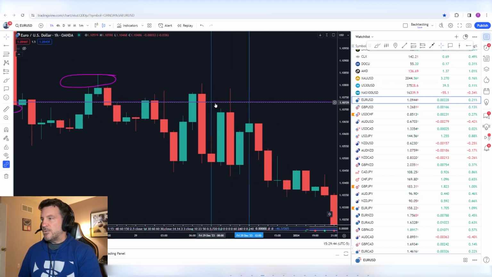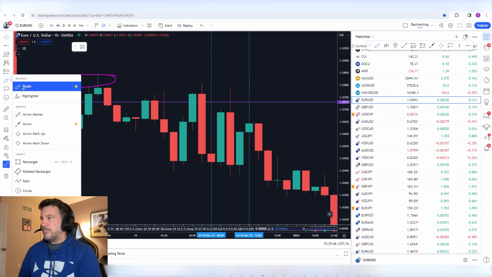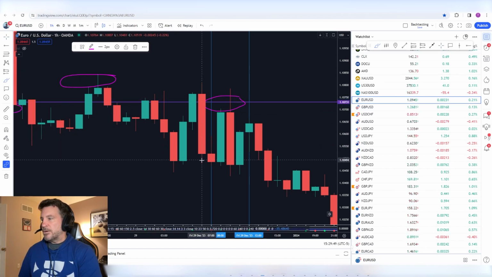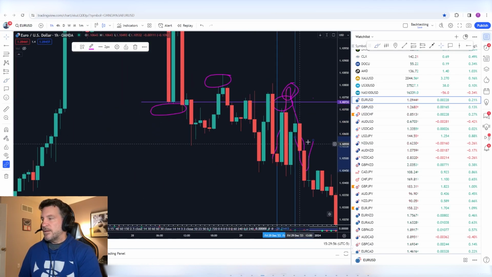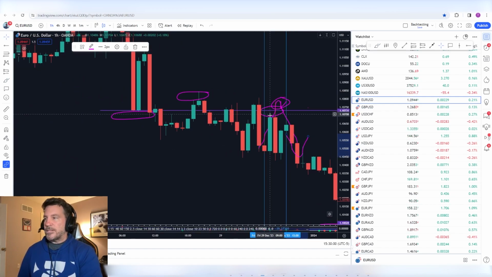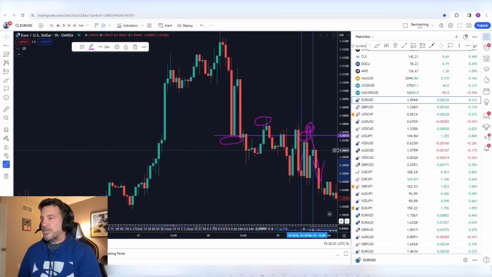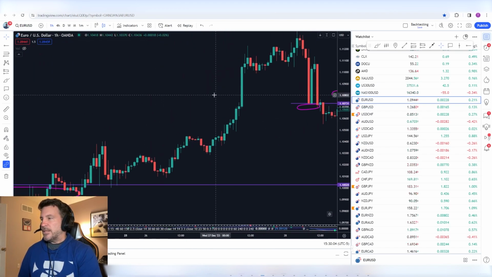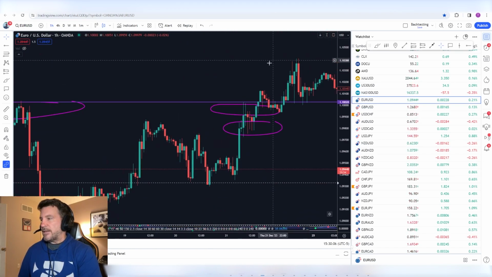If I were zoomed in right here trading during this time period, I'd be looking for price to come up into this area somewhere in here to have a reaction down. So what I'd like to do is find my key levels for price going up and price going down. Let me show you another example, and then we'll zoom in here. Let's go back and look here.